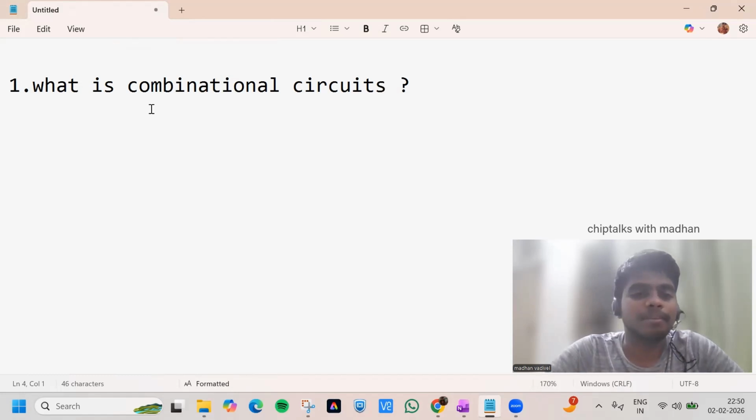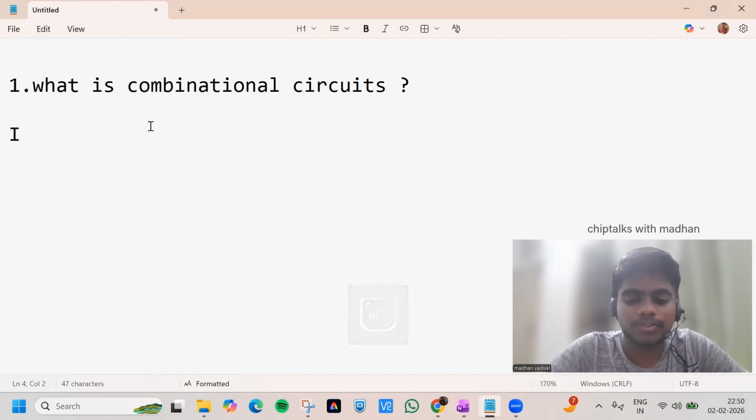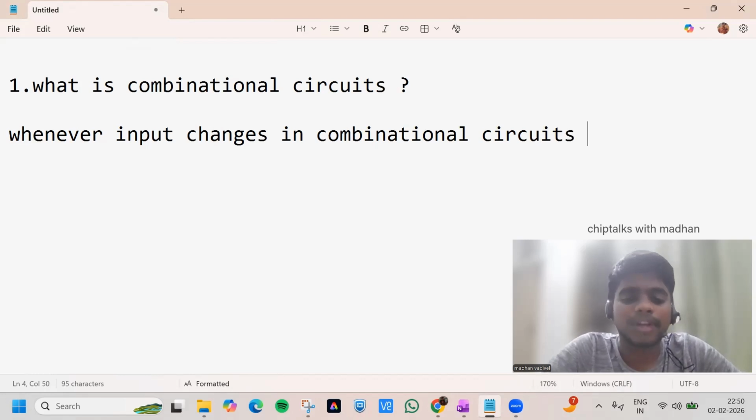I will make a paragraph. Whenever input changes in combinational circuits, the output also changes.